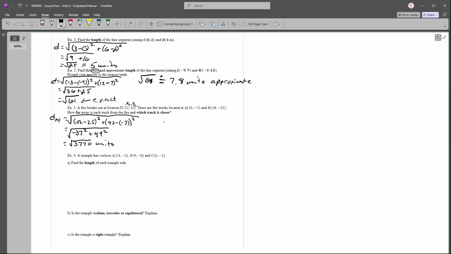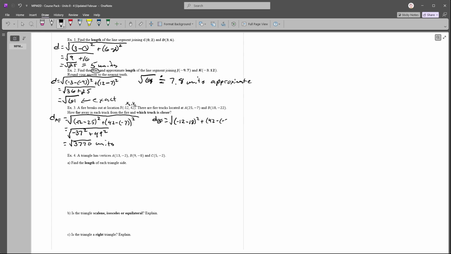But now we need to do the same thing for the distance from B to F. Okay? So again, we have our square root sign, and now we're going from B to F, so this is still going to be x2, y2. So our first one is our x2, which is negative 12, and we're going to subtract from that 18. We're going to square that. Now for our y's, we have 42.